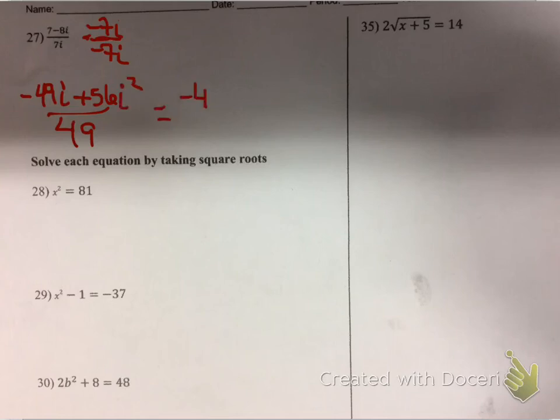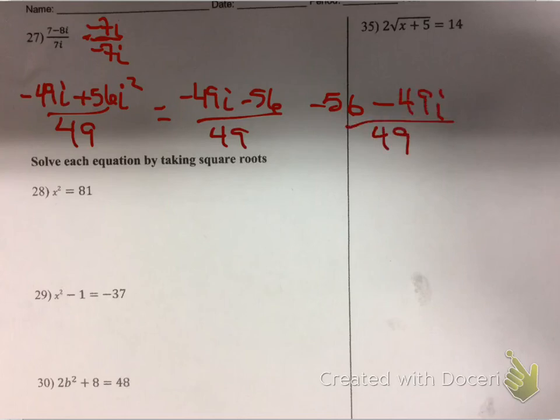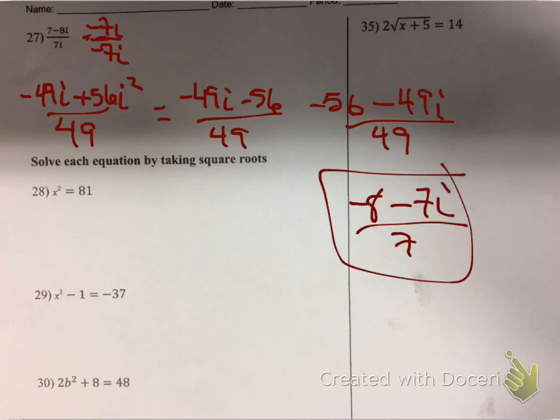So I've got -49i minus 56 over 49. Switch everything around. I now have -56 minus 49i over 49, which will simplify to -8 minus 7i over 7. And again, I'm not going to worry about trying to simplify that further. Y'all can leave it like that. Okay?